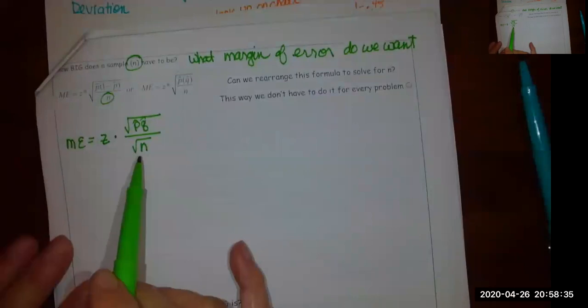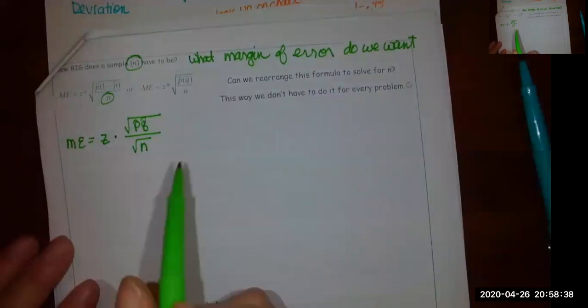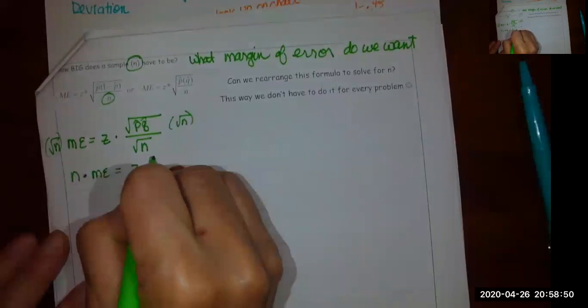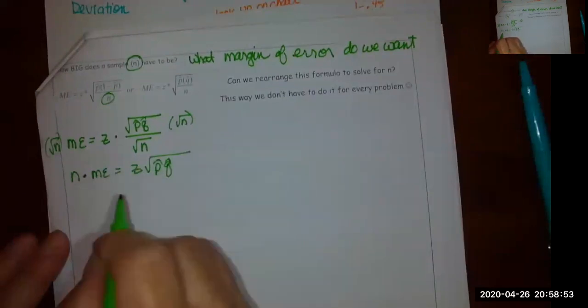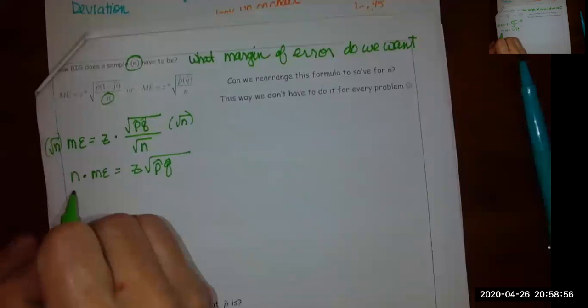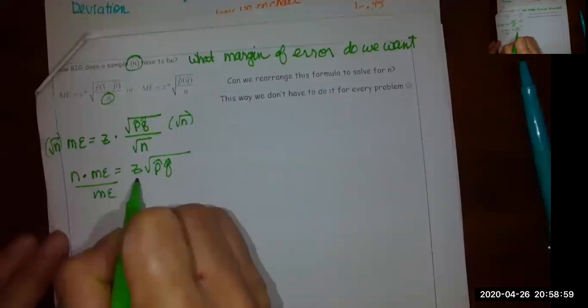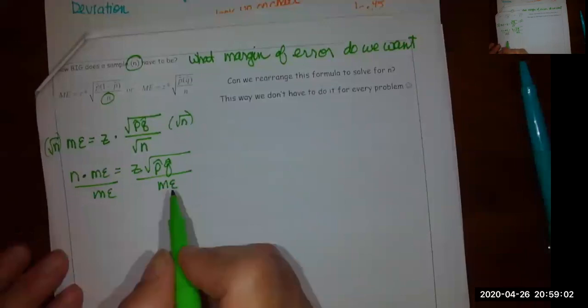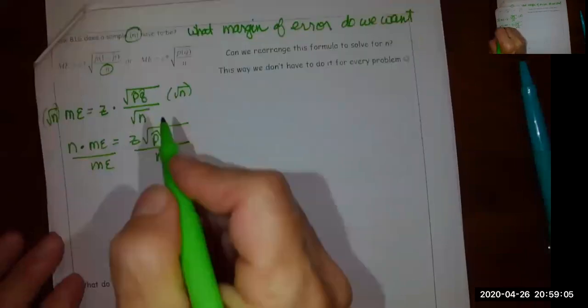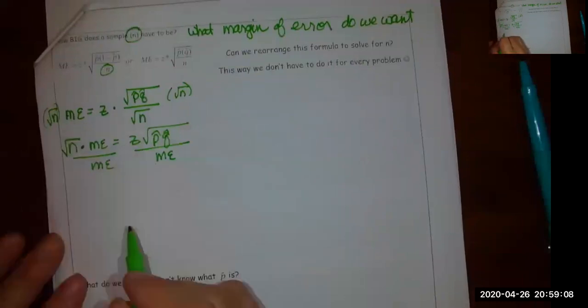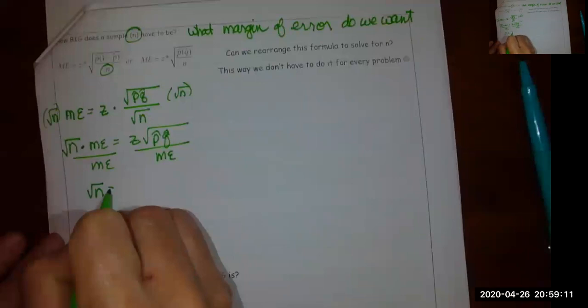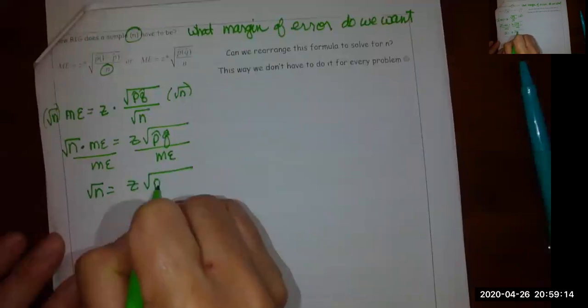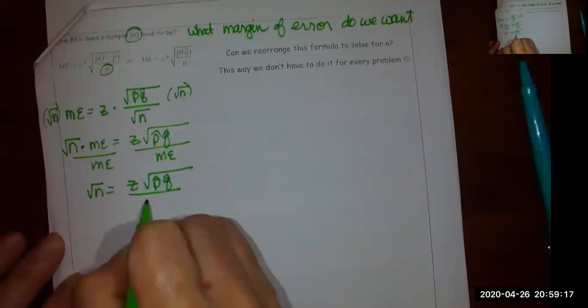So now if I do this, I can multiply both sides by the square root of n, and I have the square root of n times the margin of error equals z times the square root of P hat Q hat. Now I can divide through by the margin of error, and I've got the square root of n equals z times the square root of P hat Q hat over margin of error.